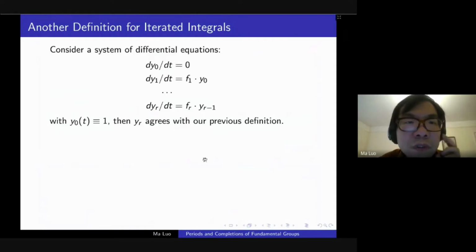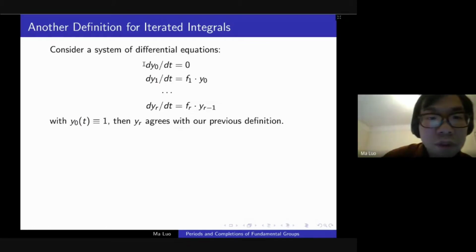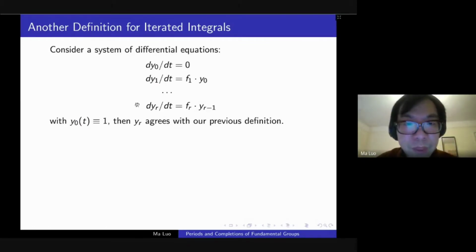So another definition for iterated integrals is by considering a system of differential equations where you have these auxiliary functions y_0 through y_{r-1}, where you stipulate that y_0(t) is always 1, a constant function, and you do this integration process iteratively, r times.